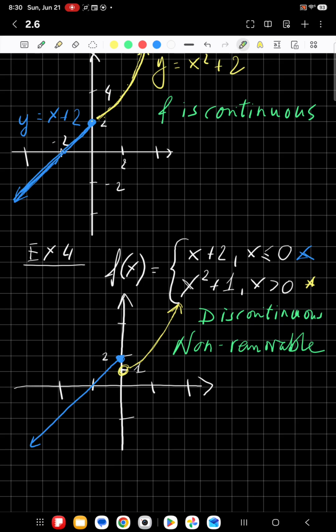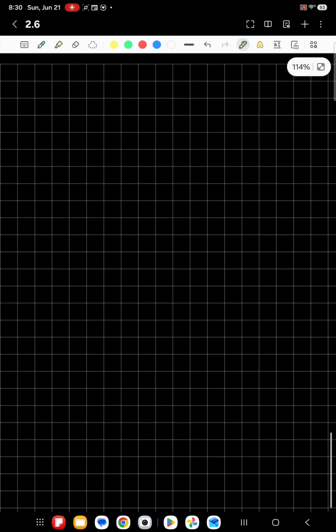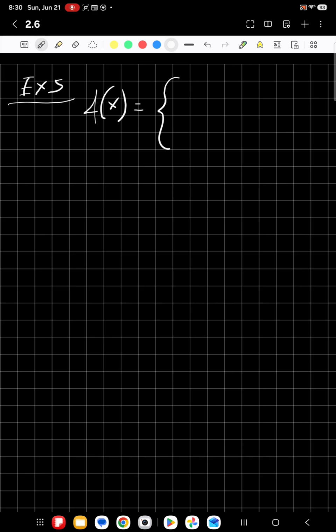I have one more example. So example 5. And again we have to discuss the discontinuity. f of x. Again, it's a piecewise function. So f of x is equal to 1 for x's where x's are different than 2, other than 2.